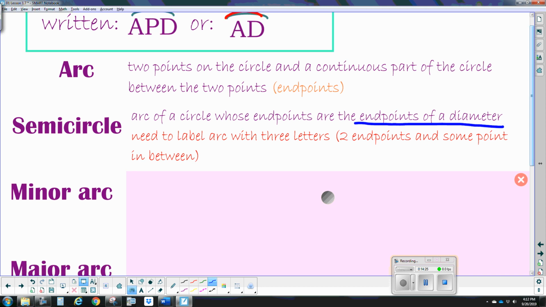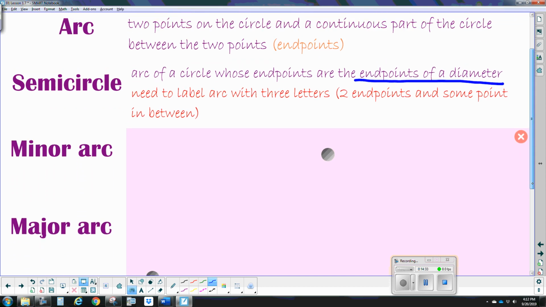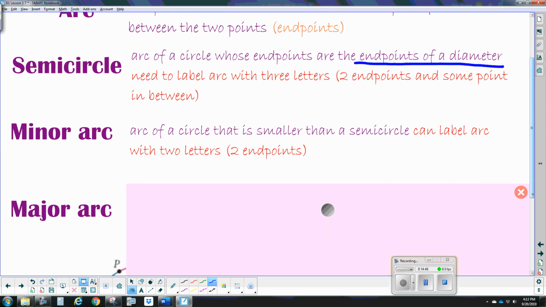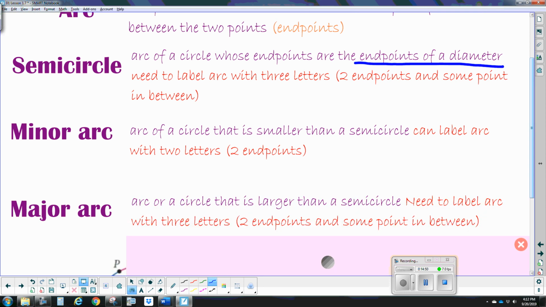So we're going to use the two endpoints, which are the same as the diameter, and some point in between. Then we have a minor arc and a major arc. A minor arc is an arc that is smaller than a semicircle. Okay, and with a minor arc, we can use only two points. But with a major arc, that's an arc that is larger than a semicircle, and we need to use three points for that.